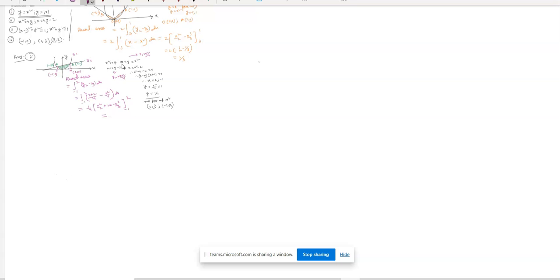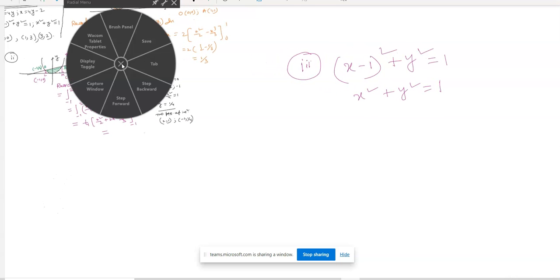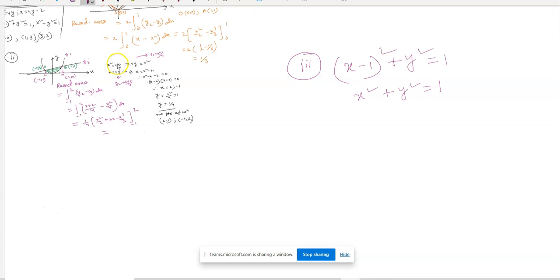The third problem is to find the area bounded between these circles.